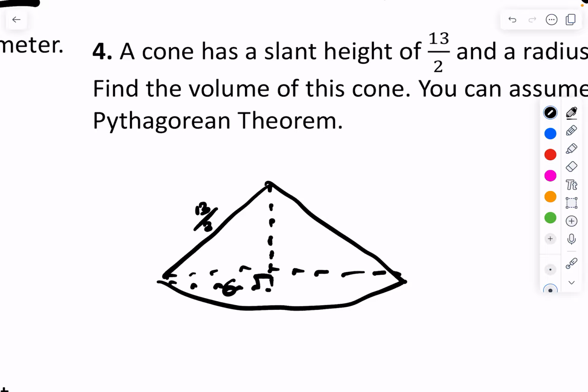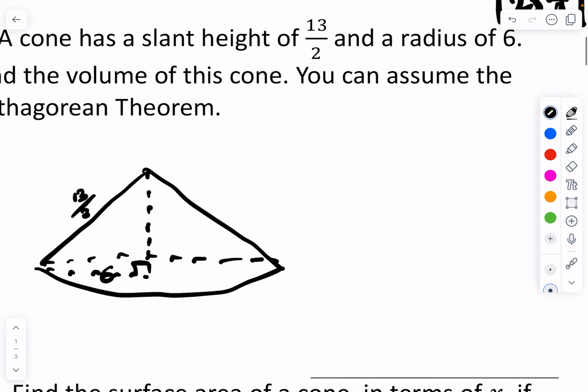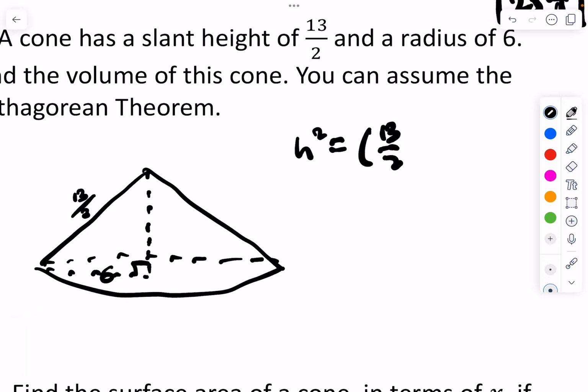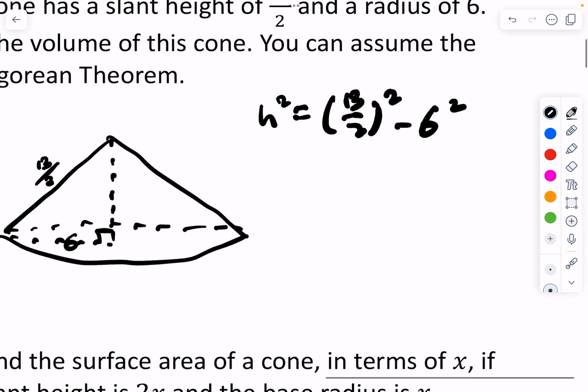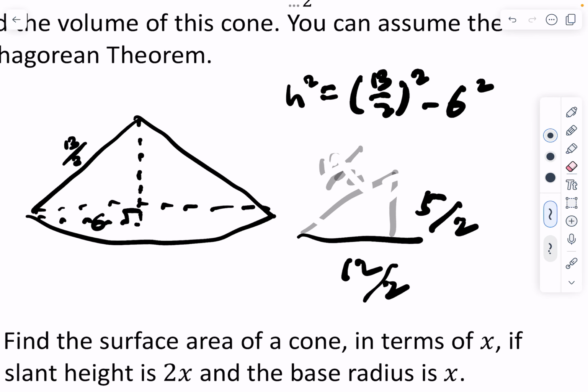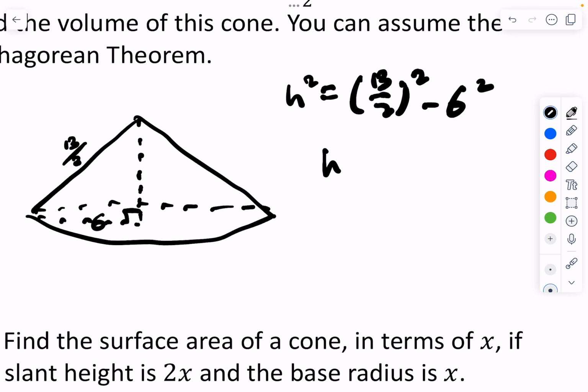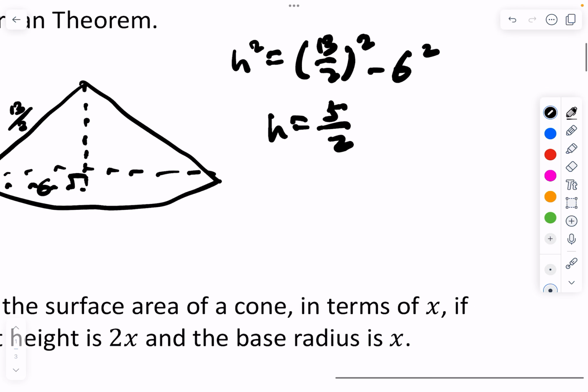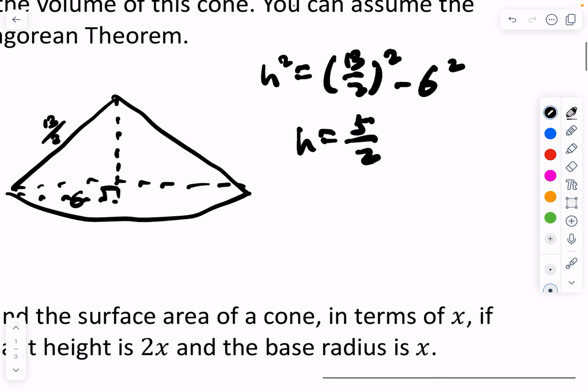Now, we can solve for the height using the Pythagorean theorem. The height would simply be the square root of 13/2 squared minus 6 squared, or if you're familiar with triples, this is just the scaled down version of 13, 5, 12, because we are just dividing each side by 2. So we get that the height is equal to 5/2.